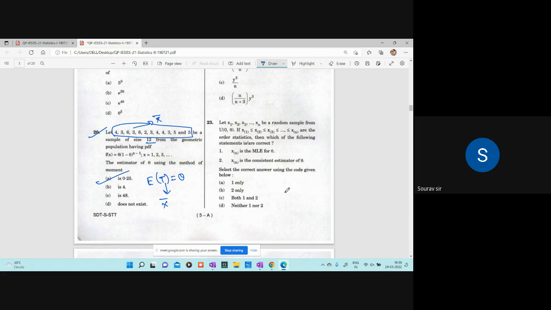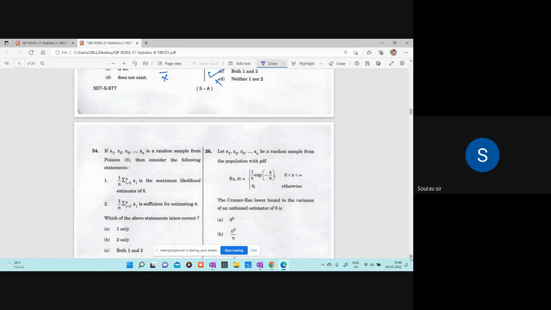Both. Can you explain? Xn is MLE, and MLEs are almost consistent. Not all MLEs, but for uniform 0 theta, if x order n is the MLE, then the first point is correct. So one is correct. So we are going to remove option B and option D. From 1 and C, we can choose whether xn is consistent or not. If we can see, yes, x order n is consistent. So obviously 1 and 2 is my answer.